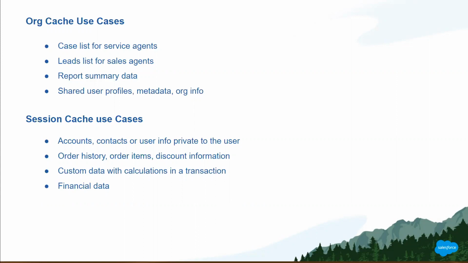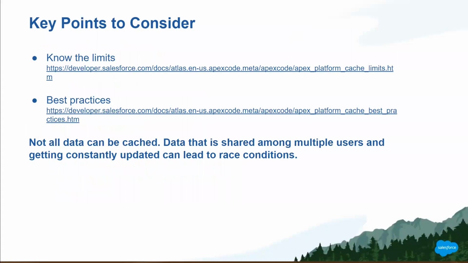All right, so these are the use cases we're going to use for org cache and session cache. And a key point to consider: you can go to the developer forum for the limits we have to focus on before implementing platform cache, and the best practices. I'll also say that not all data can be cached, because data that is shared among multiple users and constantly updated leads to race conditions.